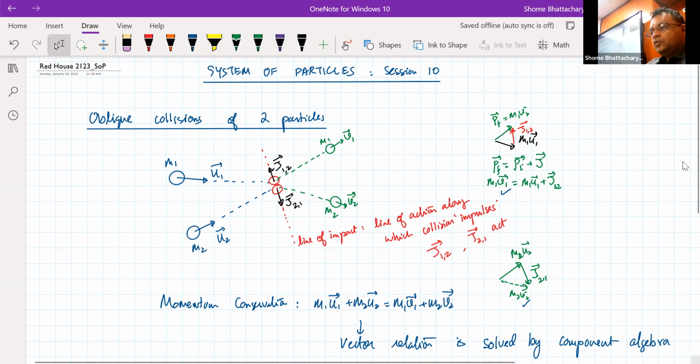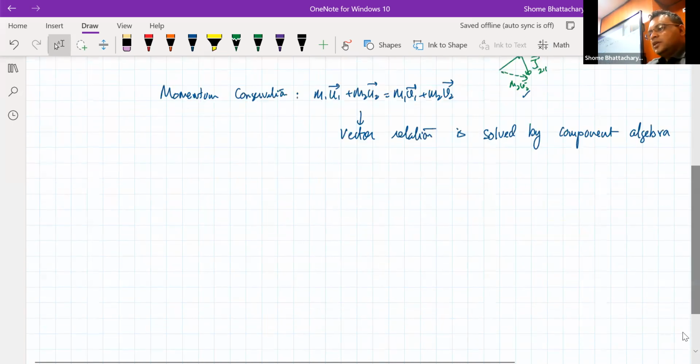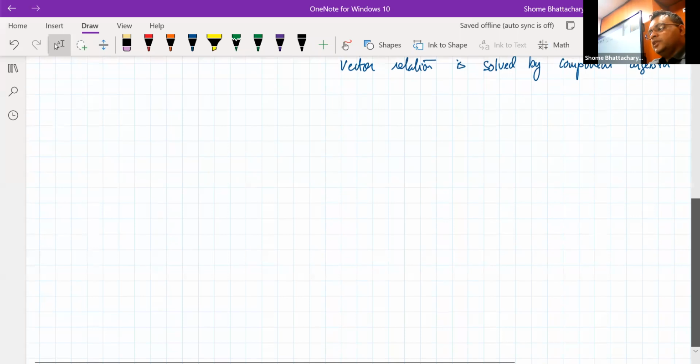Okay, so let's now look at a little bit more advanced type of application of this. We'll start looking into situations where the coefficient of restitution is also involved. As we were discussing last time, how to understand the separation and approach velocity concept.